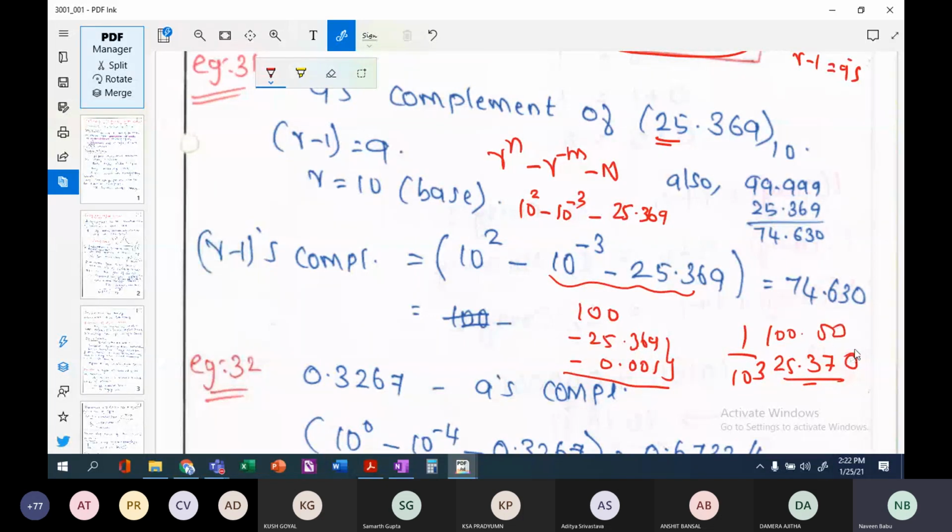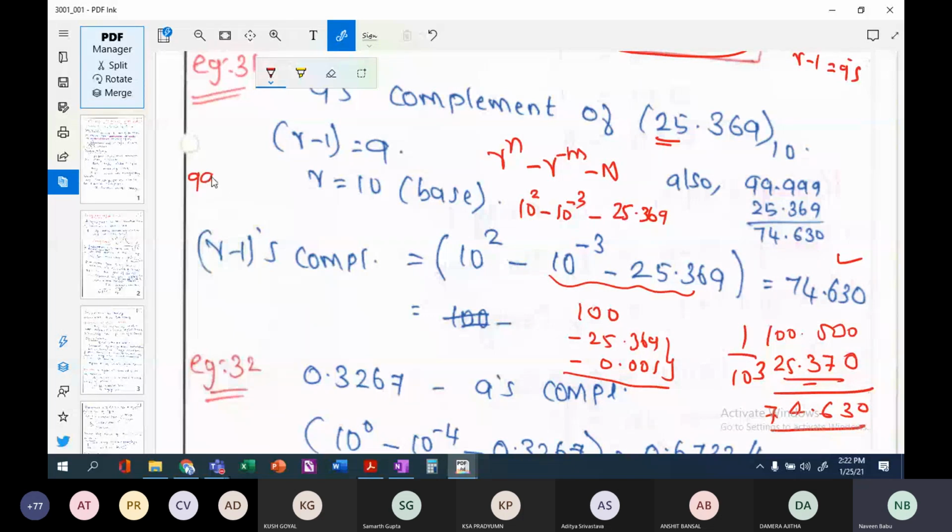Or again, let me tell you the shortcut. All you need to do is write the nines complement digit by digit: 99.999 minus 25.369.